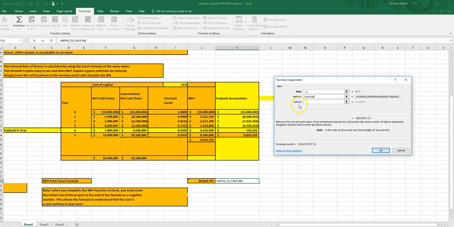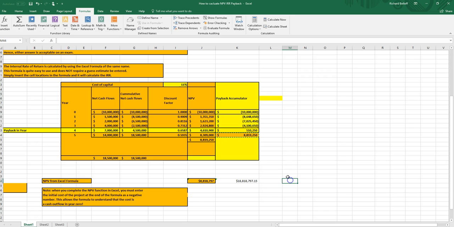As I do that, these cell values automatically compute. So watch this, we're going to get a number over here. Now you say, well, there's something wrong, and there is. Why? This formula presents the net present value of only the cash flows from year 1 through 5. So what we have to do is go up here and subtract the initial investment.